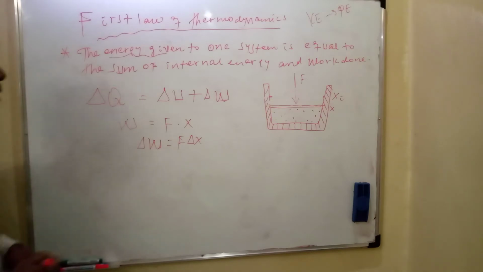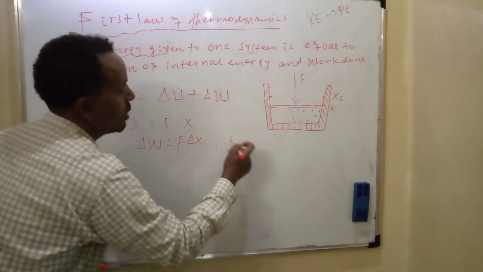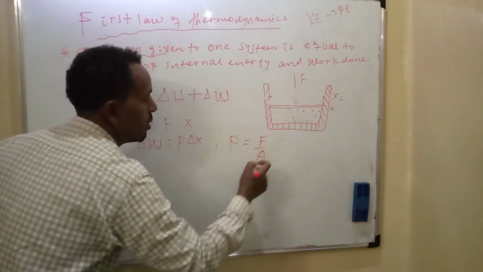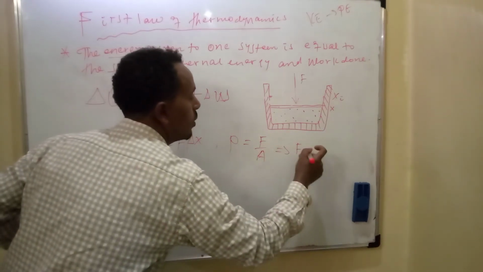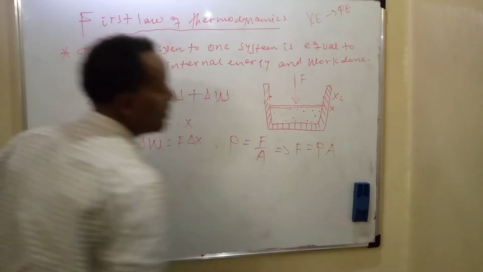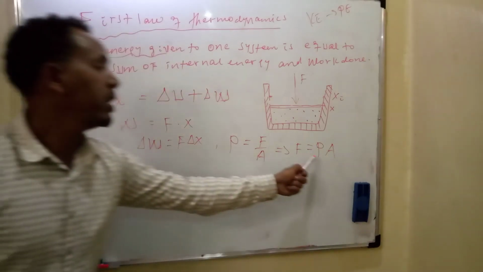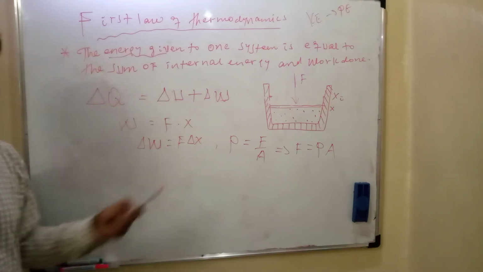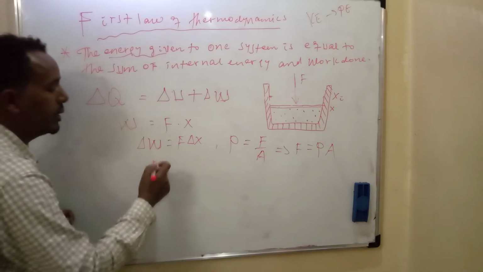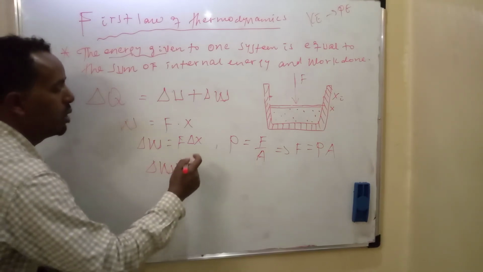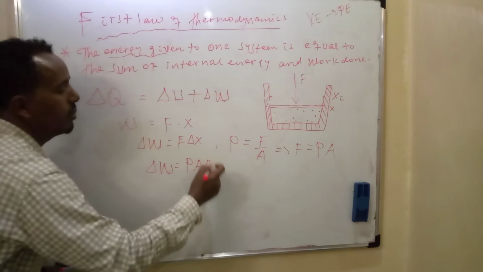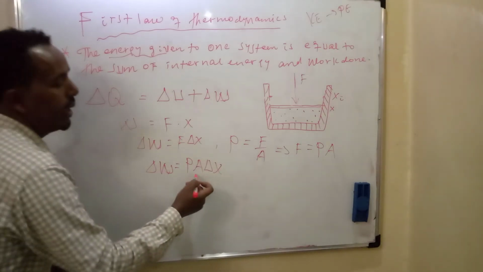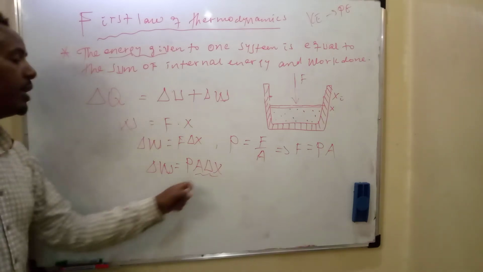But pressure equals force over area. From this, we have force equals pressure times area. Pressure times area can be substituted here instead of force because they are equal. Delta W equals pressure times area times delta x, the change in displacement. Area times change in displacement is change in volume.